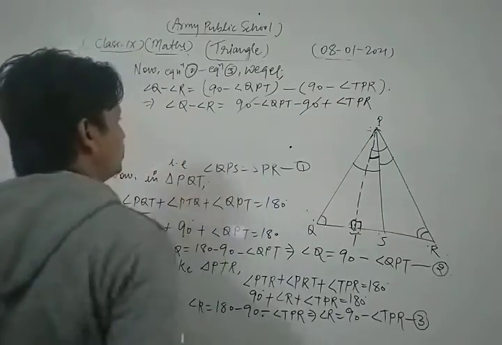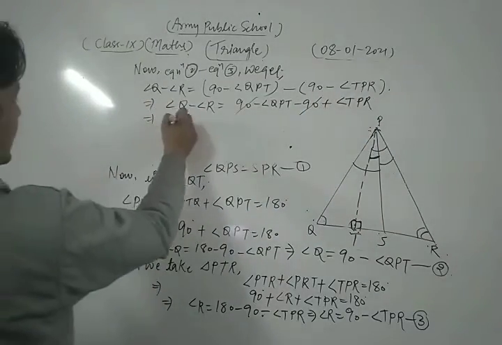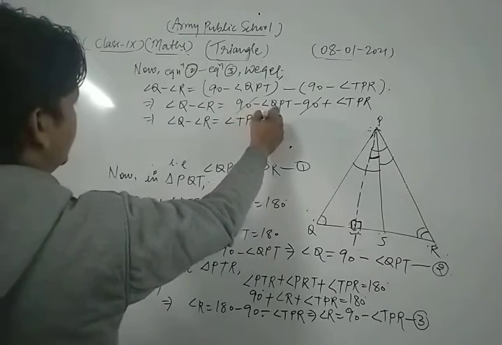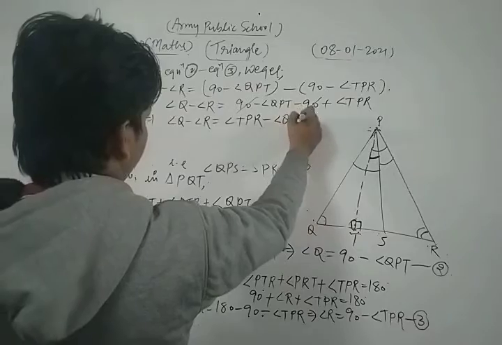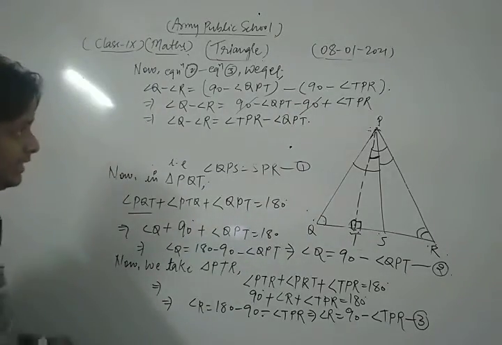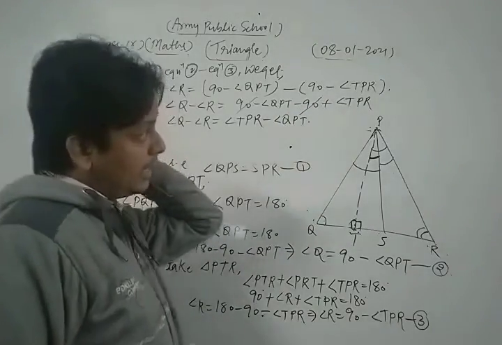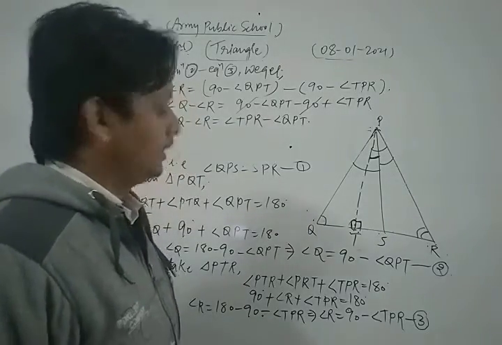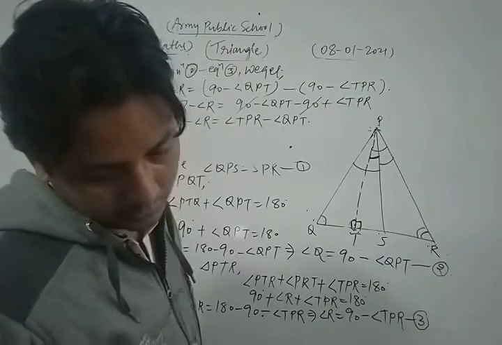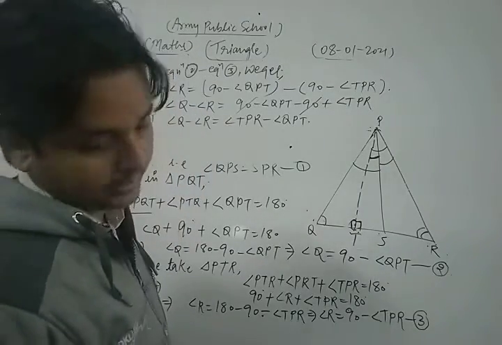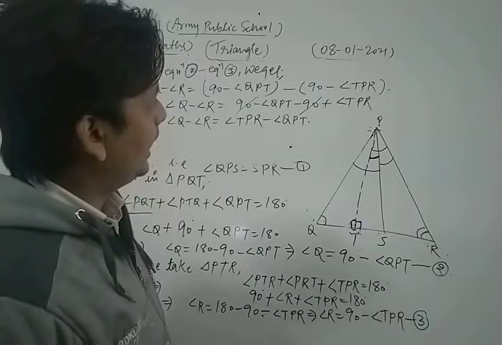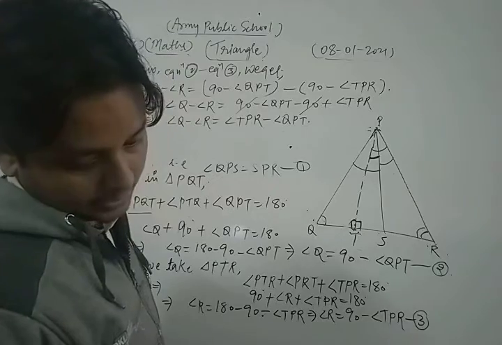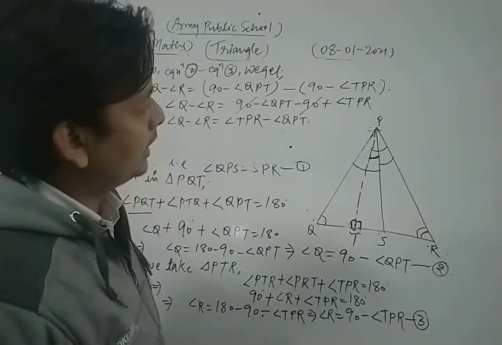So the 90s cancel each other, that is, angle Q minus angle R is equal to angle TPR minus angle QPT. Now angle TPR we write as angle SPR plus angle TPS.